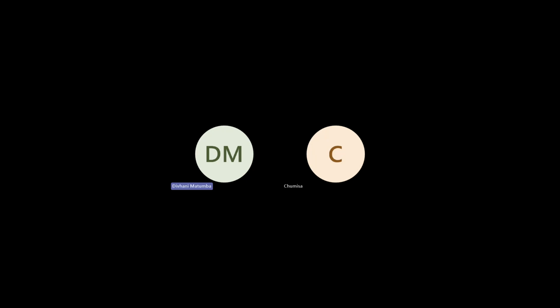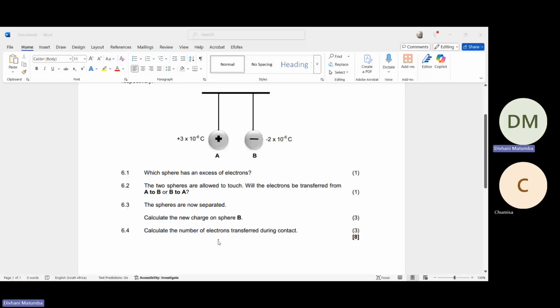the electrons will flow from the object which has excess electrons. The object which has a lot of electrons will lose electrons.